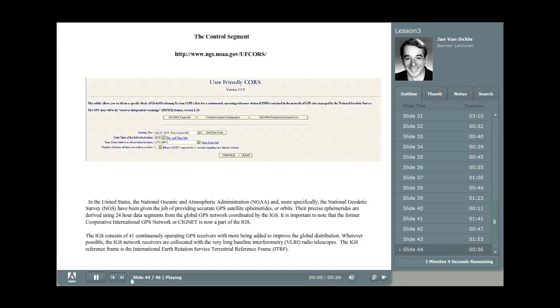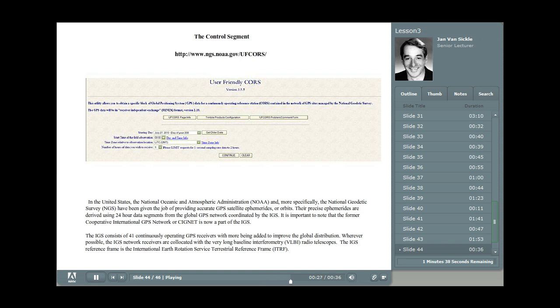International Geodynamics Service, and then also there is another. In the United States, NOAA, specifically the National Geodetic Survey, also has on their website precise ephemerides that can be used in the same way.